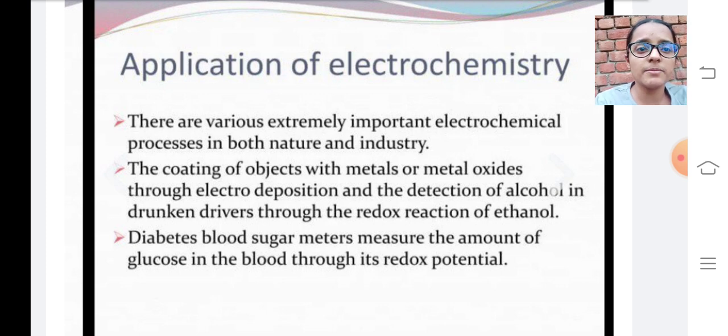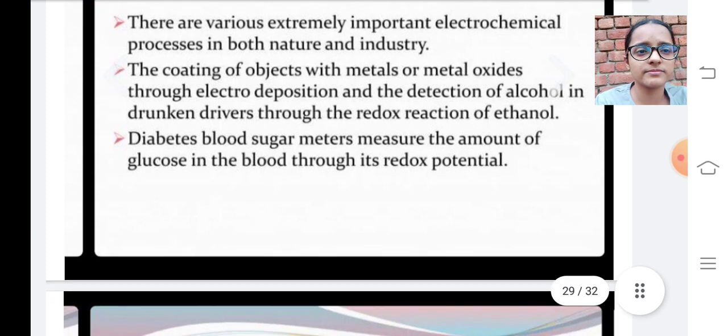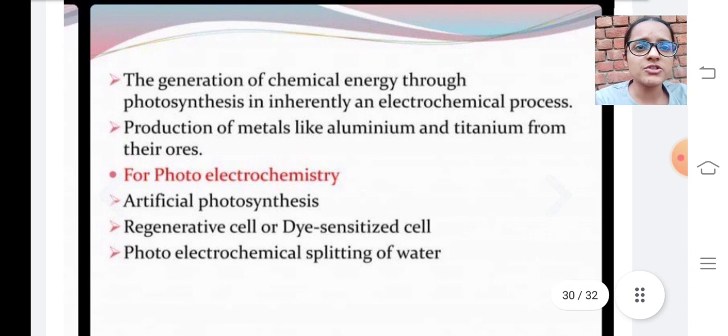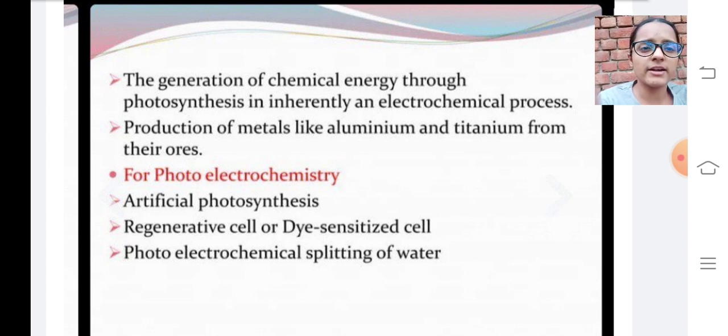Diabetes blood sugar meters measure the amount of glucose in the blood through its redox potential. The generation of chemical energy through photosynthesis is inherently an electrochemical process. Production of metals like aluminium and titanium from their ores.